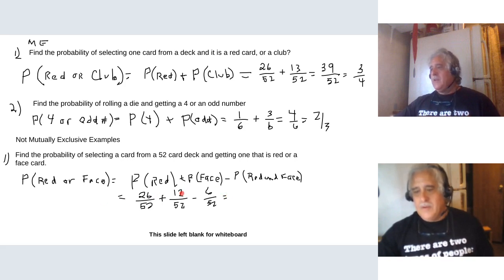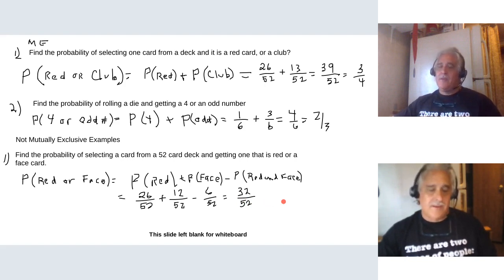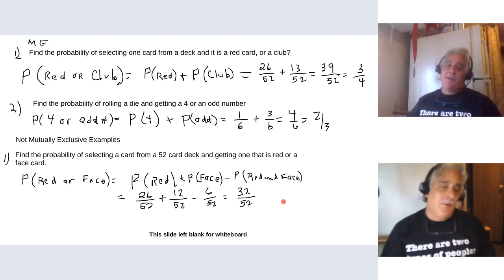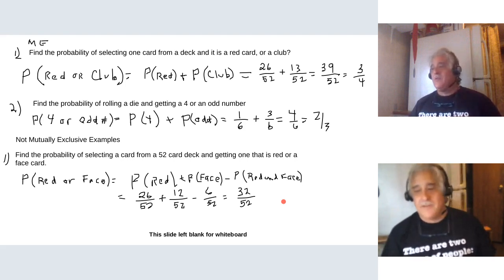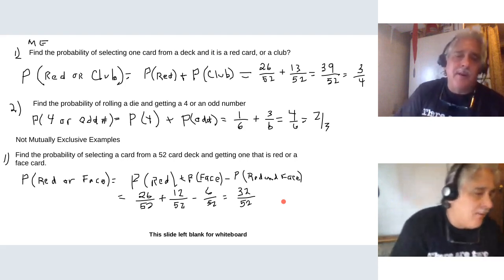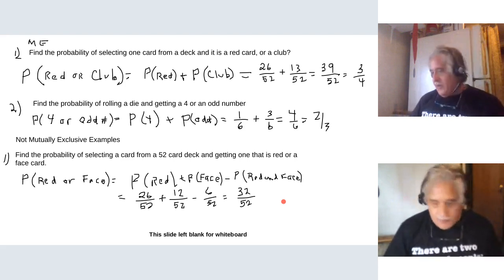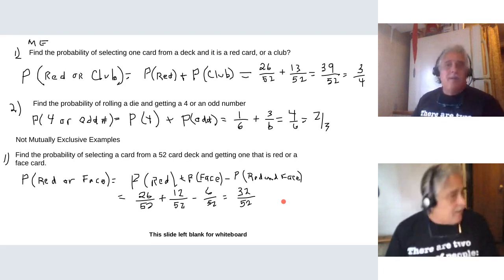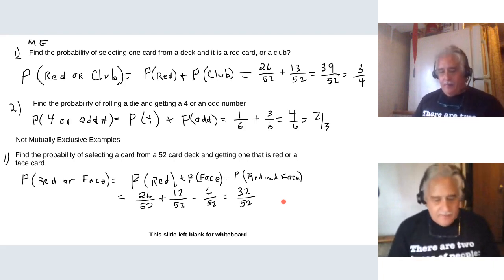So that ends up being 26 and 12, that's 38, minus 6 is 32 over 52. And like I said, in this case, even if you hadn't noticed that there was overlap, you would notice that you had proceeded wrong, because 26 and 12 is 38. But in some cases, if you don't recognize that, you'll end up with things where you have a probability of over 1.